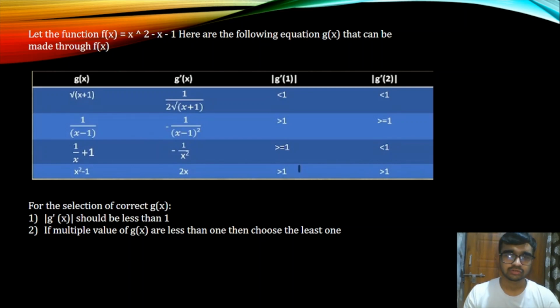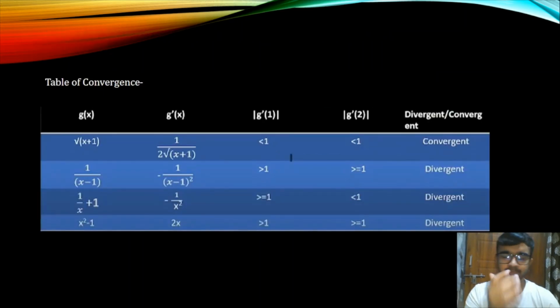Okay, so now we check the values of g dash 1 and g dash 2 of all the g(x), and we found that only this under root x plus 1 g(x) has g dash 1 and g dash 2 less than 1, and all the others have g dash x greater than or equal to 1.